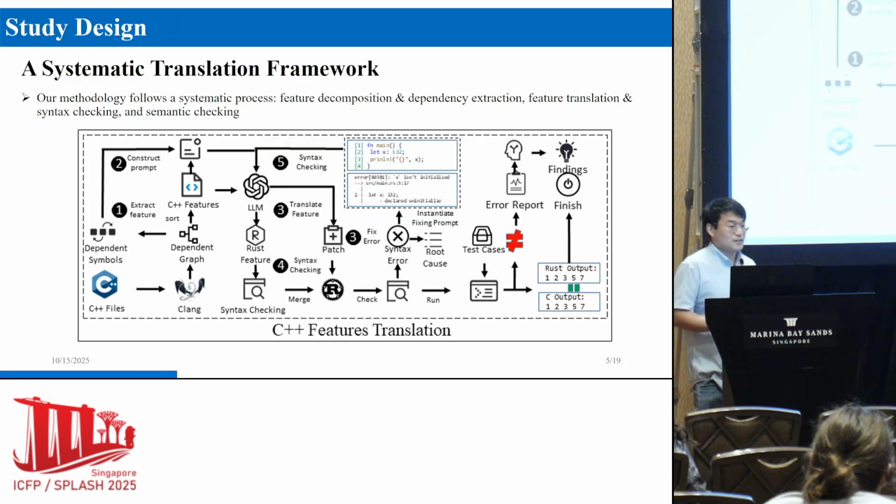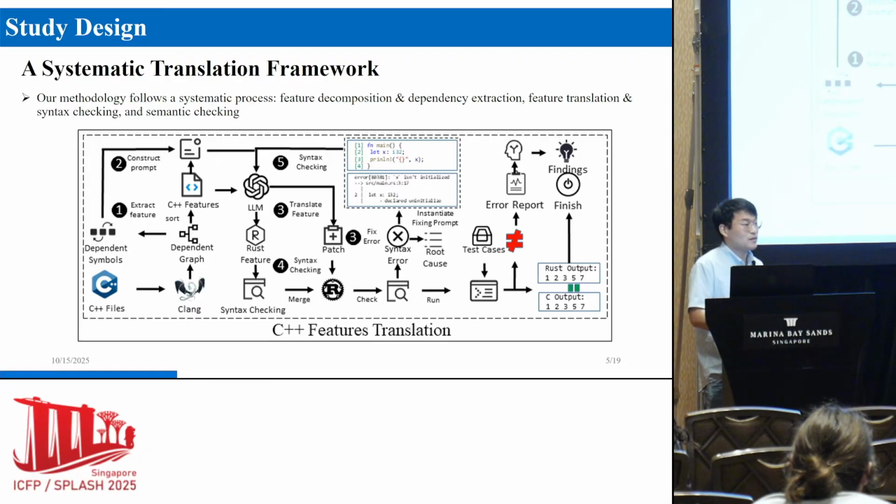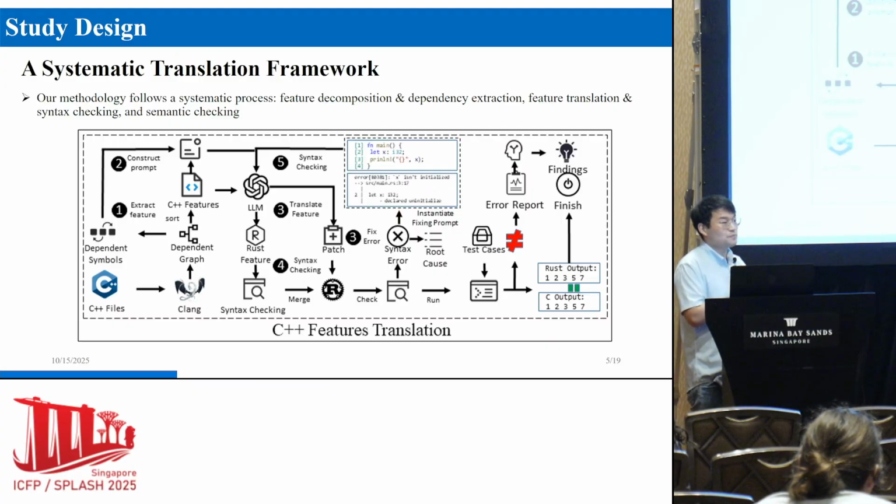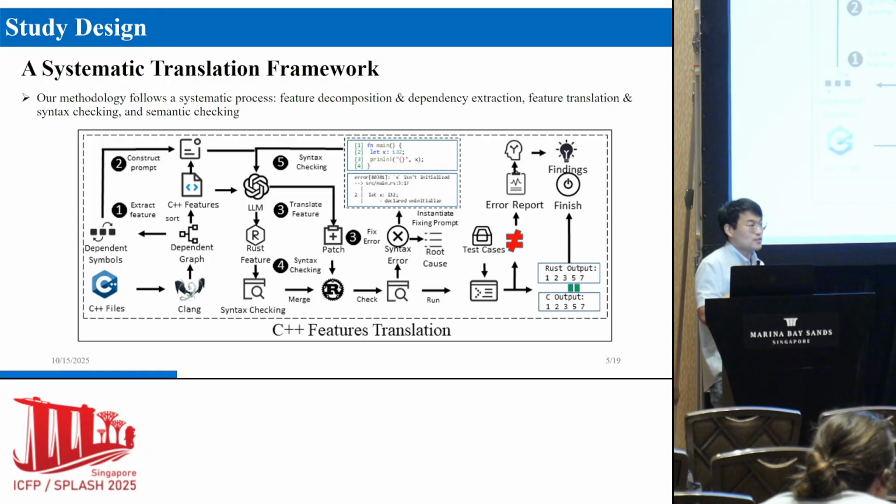Thus, our study framework consists of three key elements. The first is feature decomposition. We break down the whole C++ code into a series of dependent translation units, such as a function, and then we introduce dependency analysis and extract the dependent global symbols, such as when we call another function in this function, and this function depends on other classes and structures.